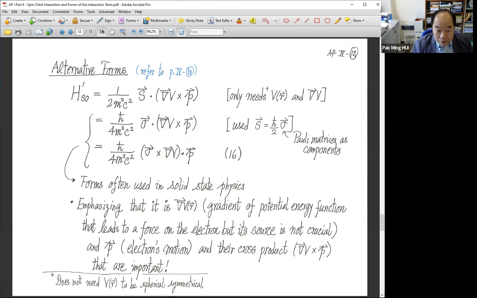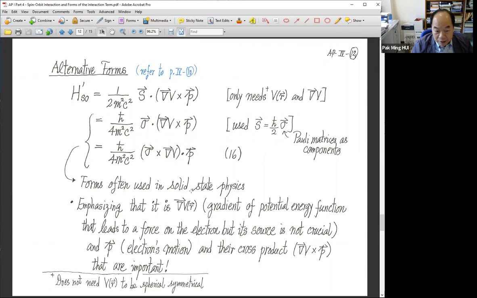And even worse, when three vectors have this form, A dot B cross C, they are equivalent cyclic forms. And one form you often see is the following. It is sigma cross grad V dot into P. Okay? Now, these two forms are very popular in condensed matter physics nowadays.